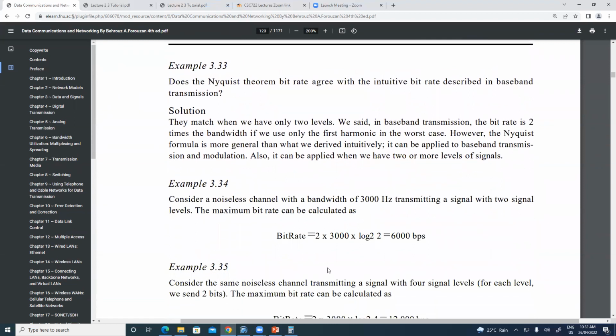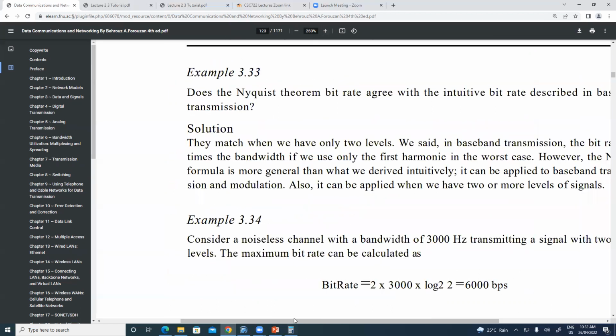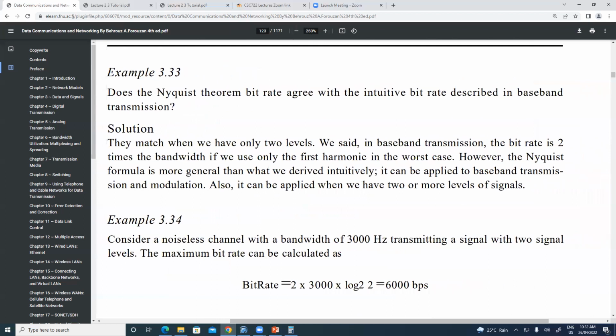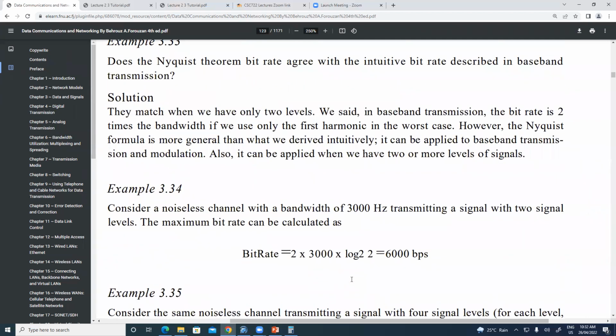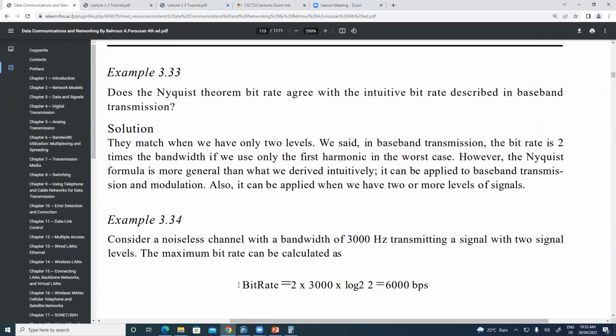Now the example that we are discussing at the moment here. So 2 times 3000. 3000 is the bandwidth and only 2 signals.